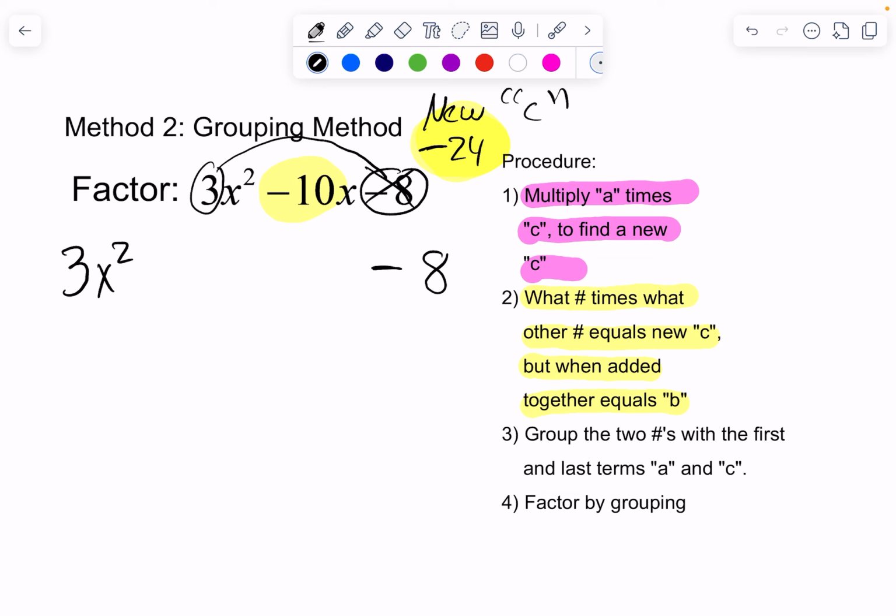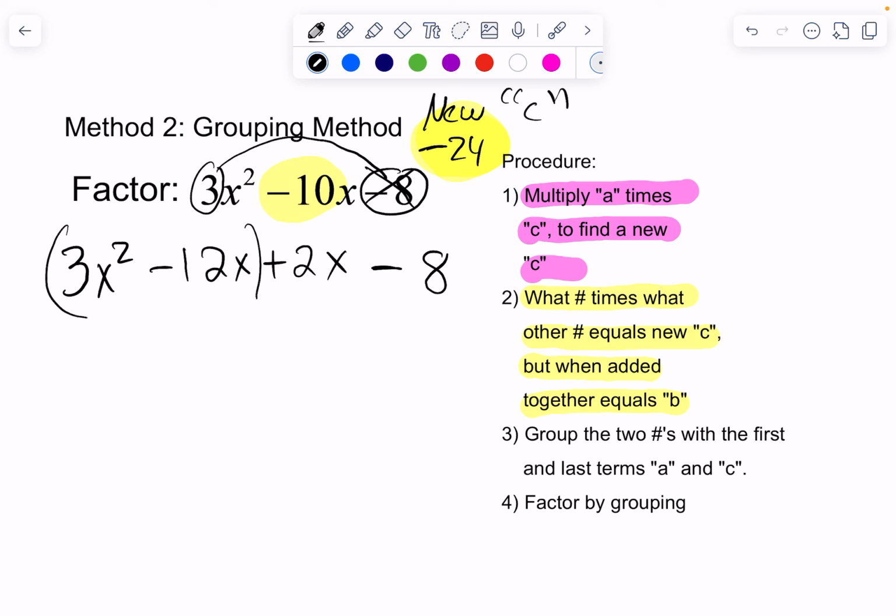Well, in that case, we're going to write down the answer to that in this middle blank space that we have. We've got a negative 12x plus a positive 2x. Negative 12 times 2 is negative 24. Negative 12 plus 2 is negative 10.